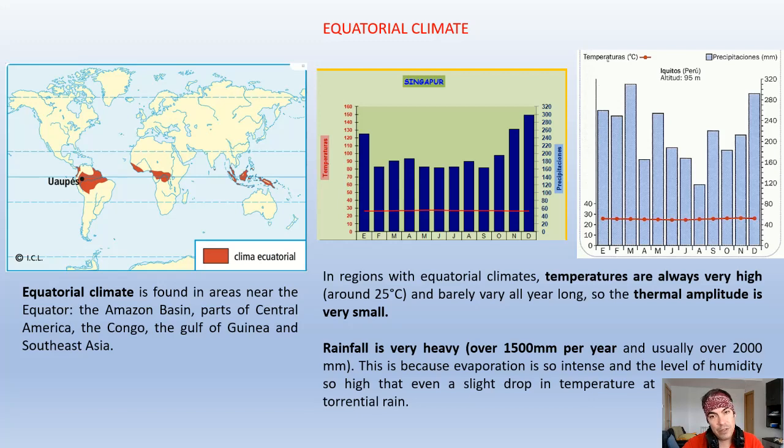Because the evaporation is so intense and the level of humidity is so high that even a small fall in the temperature at dusk, in the evening, can cause torrential rain. The torrential rain, if you remember from the previous unit, is a rain that lasts a very short time, but it is very intense. That is a torrential rain, una lluvia torrencial.